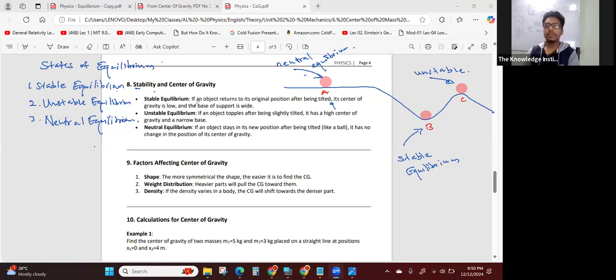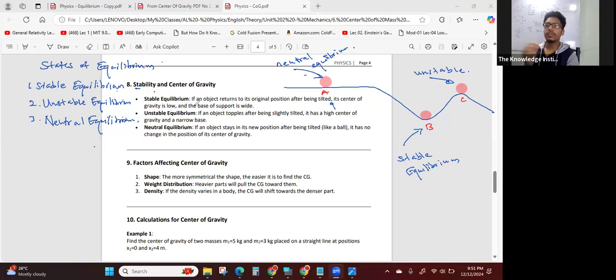Stable equilibrium: if an object is slightly tilted or given a small displacement, it will come back to its original place. So the object returns to the original position. That is stable equilibrium. Unstable equilibrium means if you tilt the object slightly or give a small displacement, it moves away.